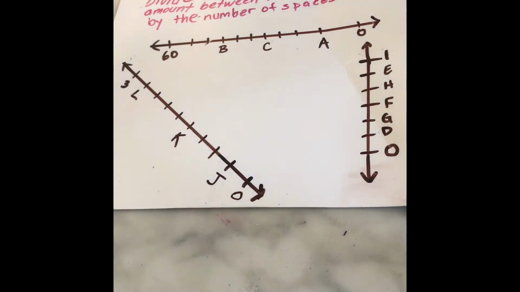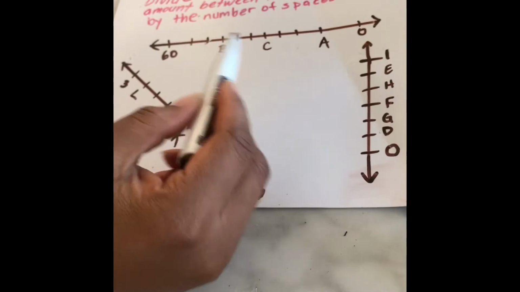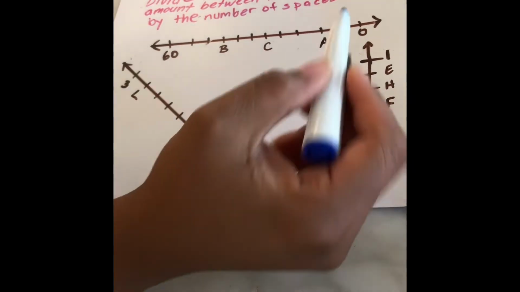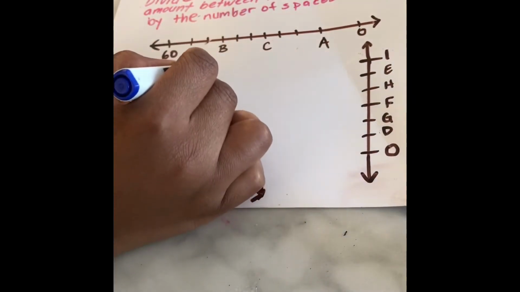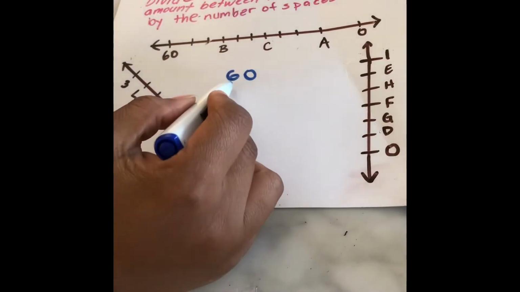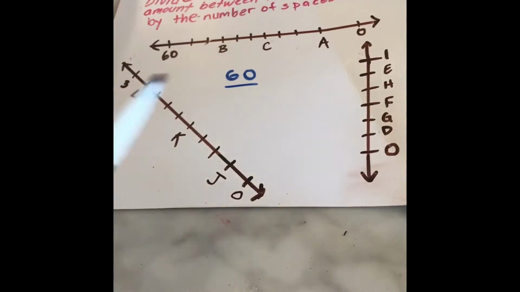All right, so to do that, we need to find the distance. The distance between 0 and 60 is just 60. And then we're going to divide by the number of spaces.